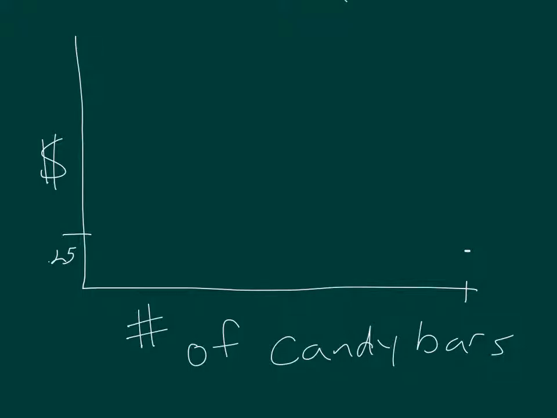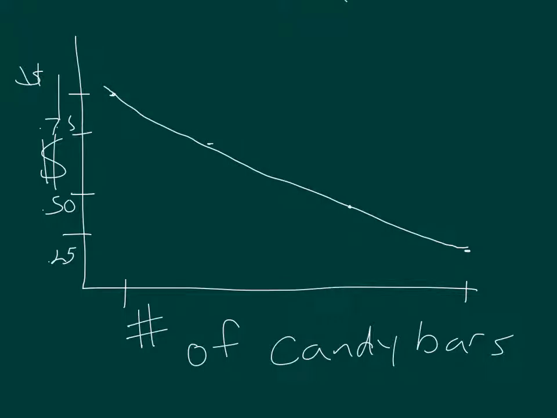If candy bars were a lot of money, say they were, I don't know, $1, I probably wouldn't buy as many candy bars. So at 50 cents, I would buy so I can represent the number of candy bars I would buy in a function.